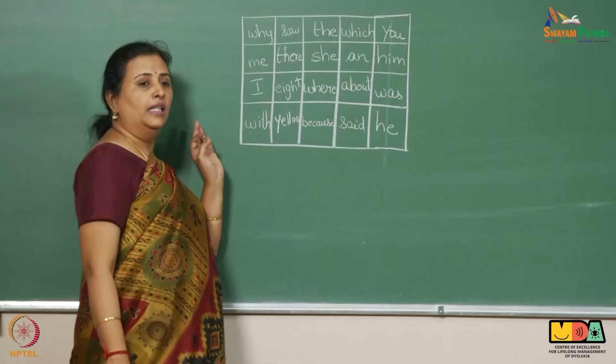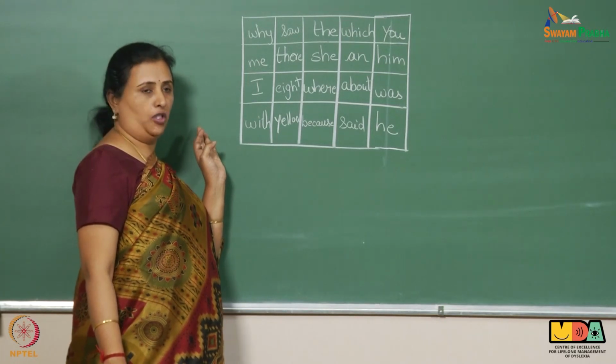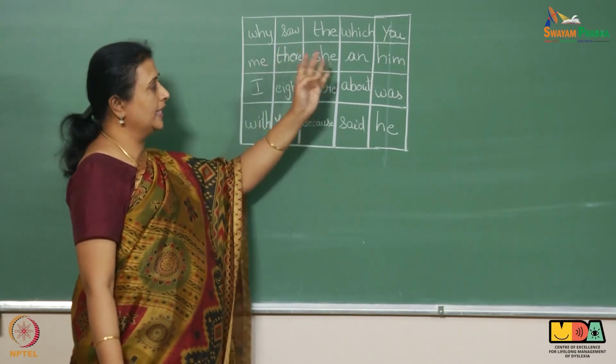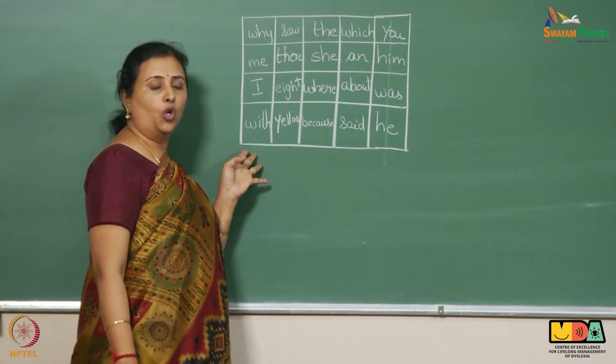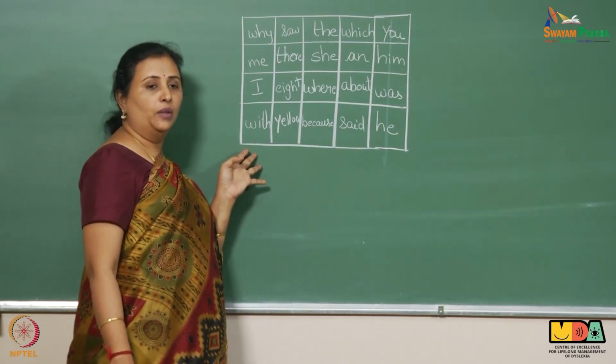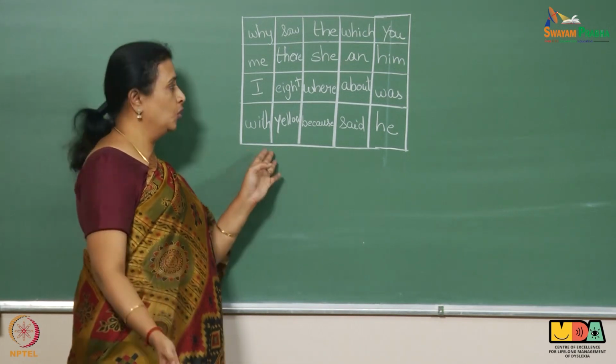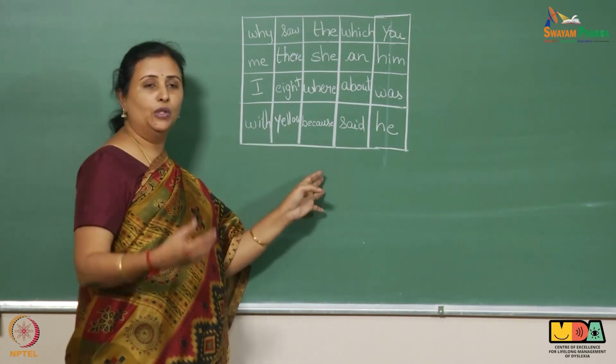Thank you. Let's look at another way of reinforcement. Here you can see there is a grid on which the sight words are all written. Now, I will be asking my child to first locate. I will call out the words.